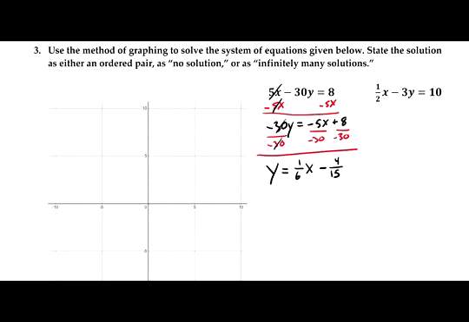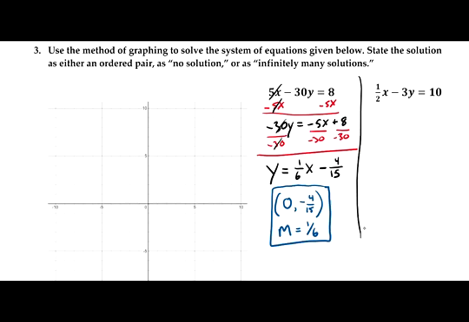So again, by solving for y, we've identified the slope and the y-intercept. So we have the point 0, comma, negative 4 over 15, and a slope of 1 over 6. Now, if we look at the second equation, do the same thing. Solve for y.